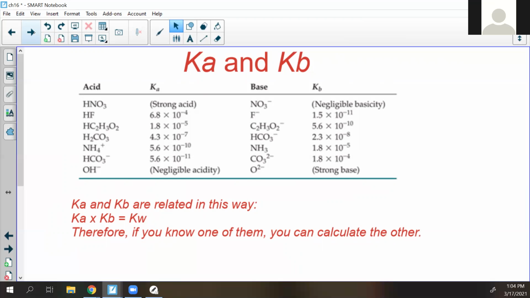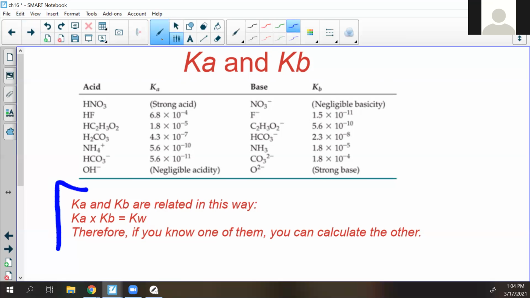Here we go. Hey, it turns out KA and KB are related to each other. This is another way to slice up the same pie. So KA and KB are related in this way: KA times KB equals KW. So KW is always the same number.